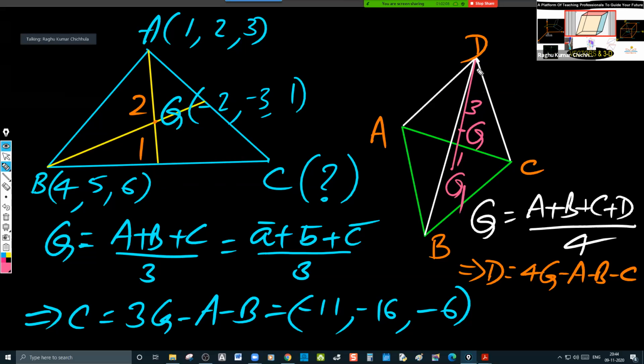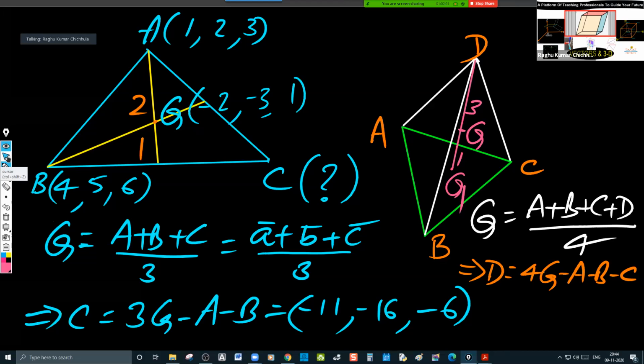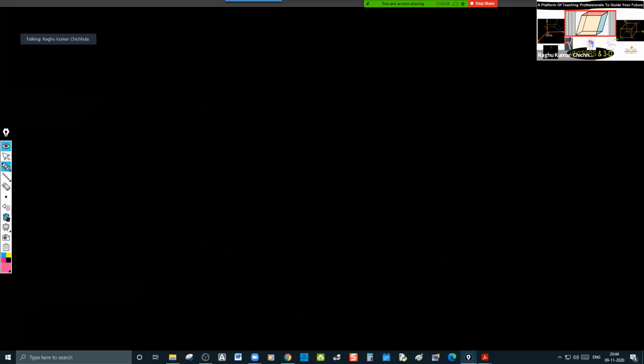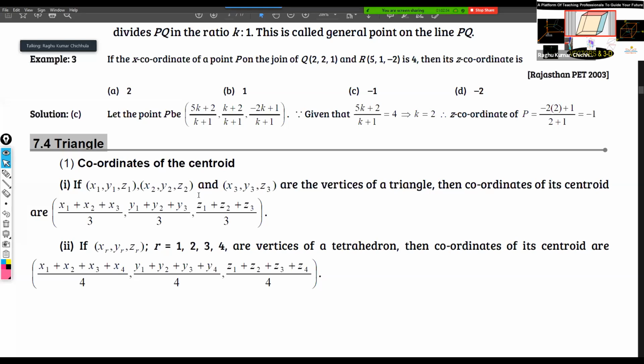In case of the tetrahedron, the median is divided by the centroid in the ratio 3:1. So this is the comparison you must have with regard to the triangle and tetrahedron. And the tetrahedron case is possible only in 3-dimensional geometry or vectors. Okay. That's what is given in the split form.